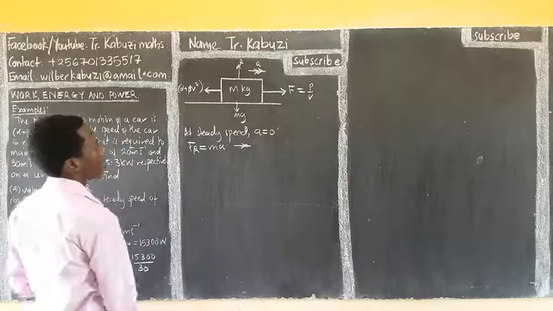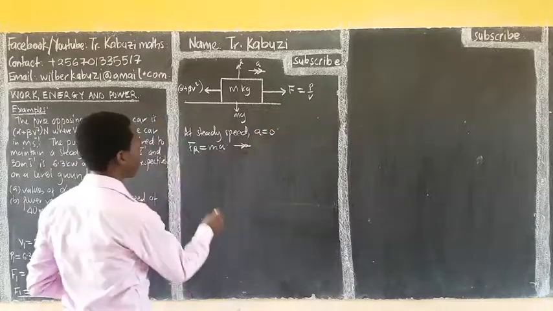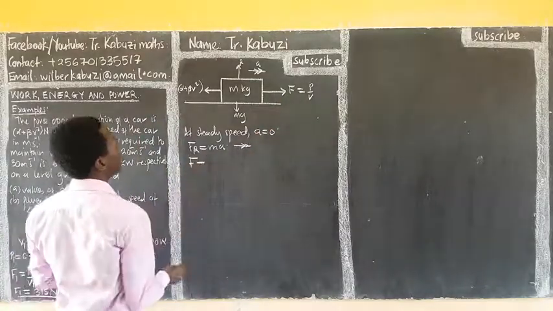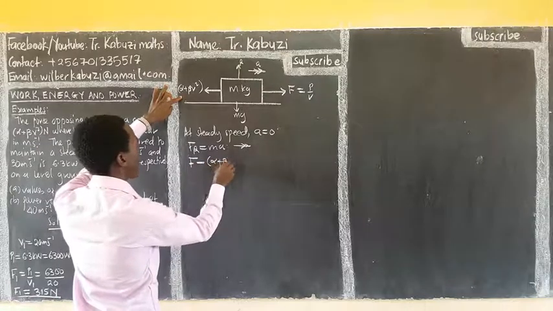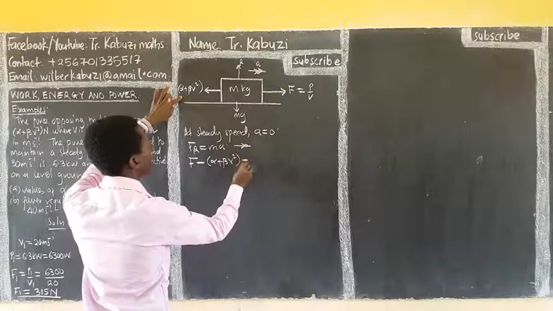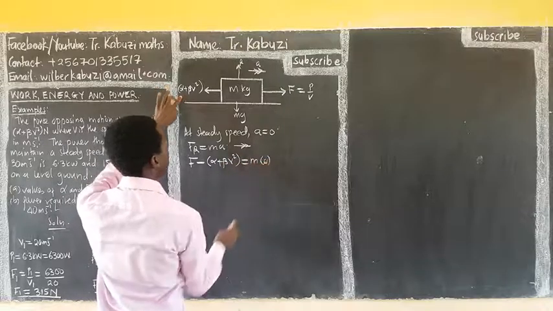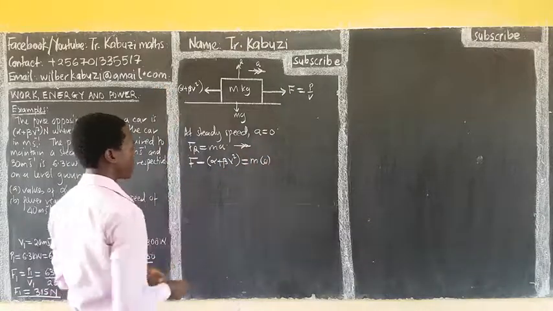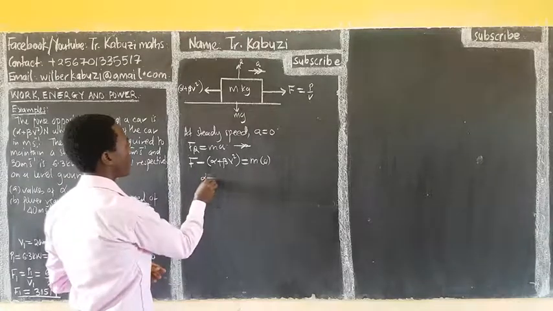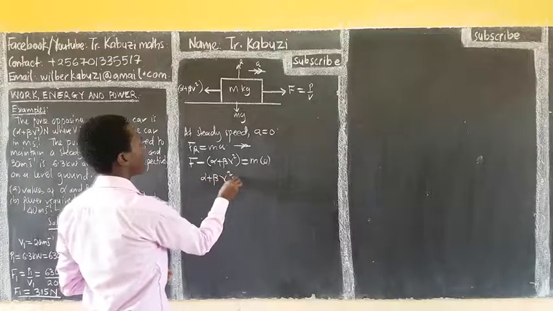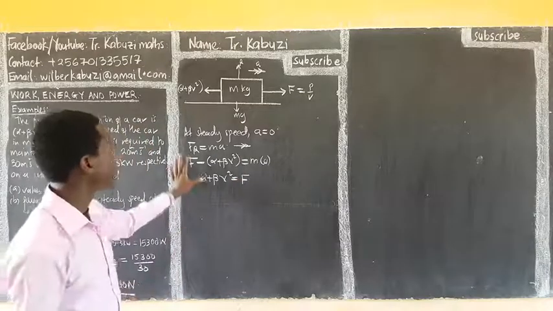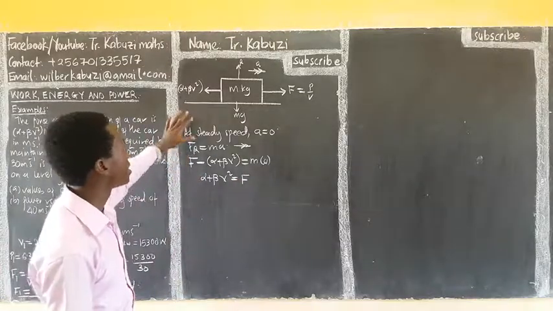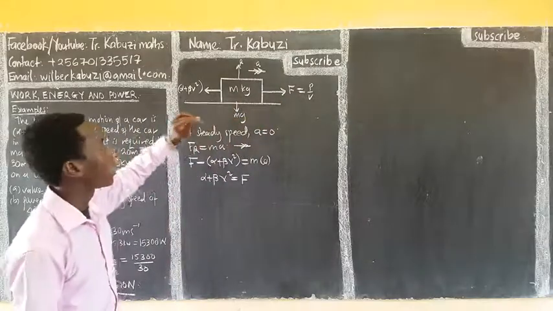So F minus the opposing force equals M times 0. From there, alpha plus beta V squared is equal to F. That is true if we have steady velocity, which means these two forces are equal.